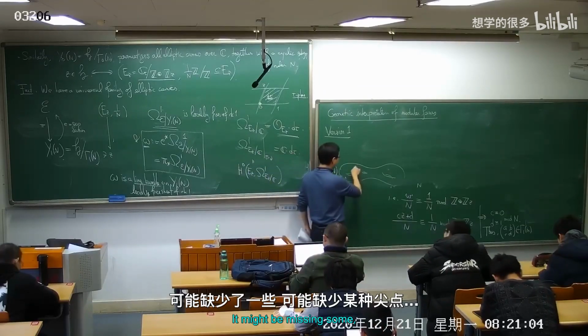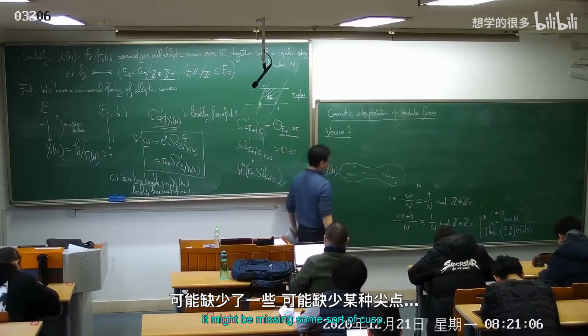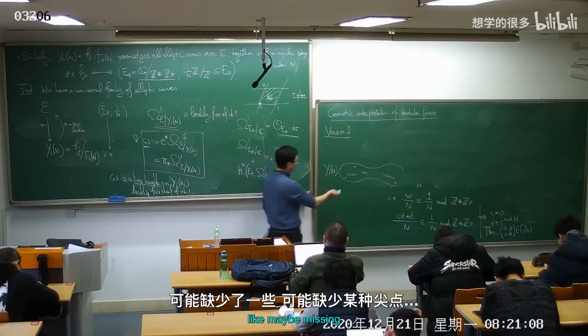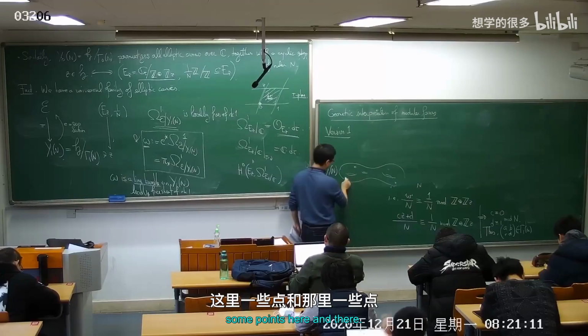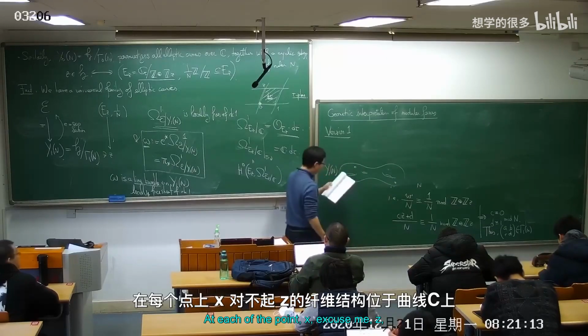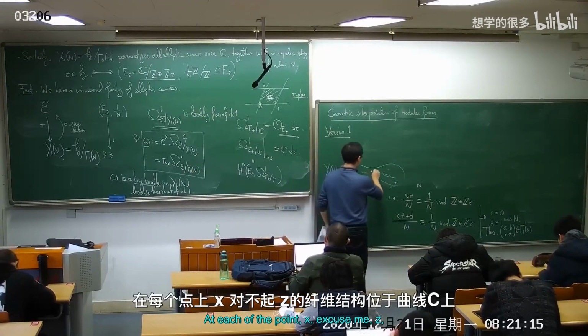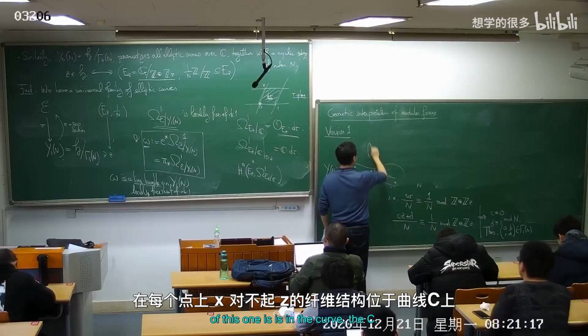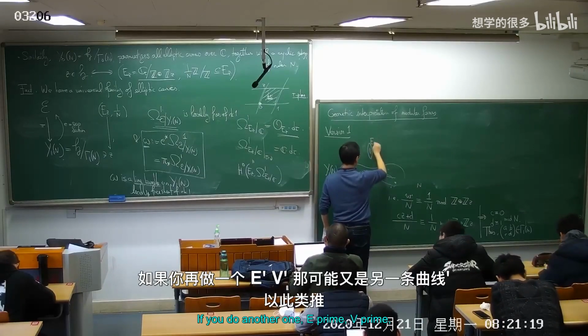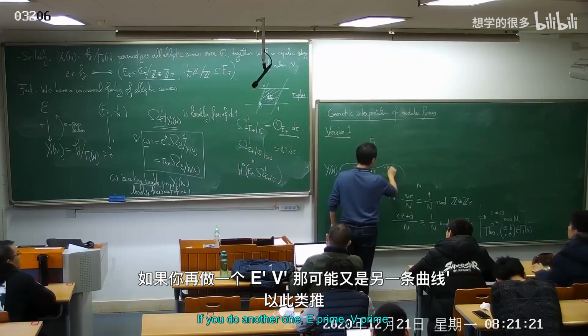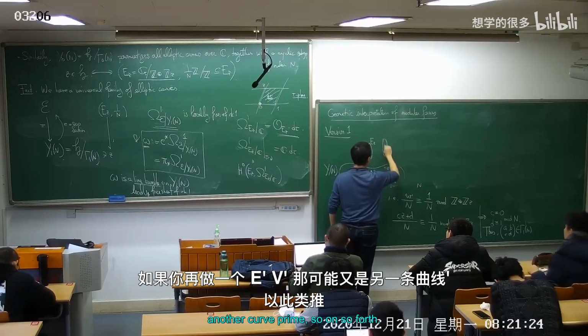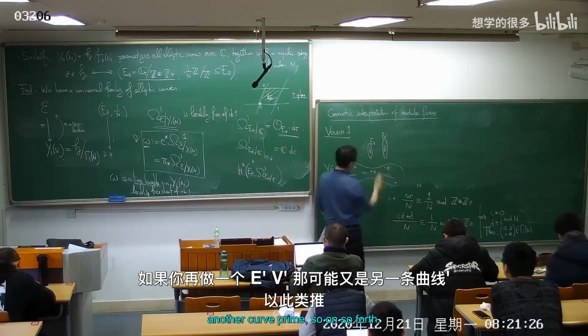It might be missing some cusps, some points here and there. At each point x, say z, the fiber of this one is the curve EZ. If you do another one, z prime, it might be another curve E prime, and so on and so forth.